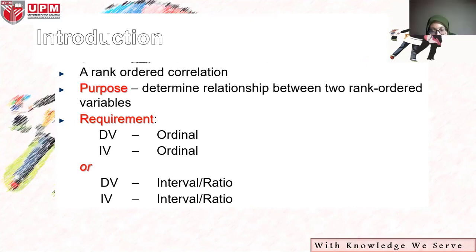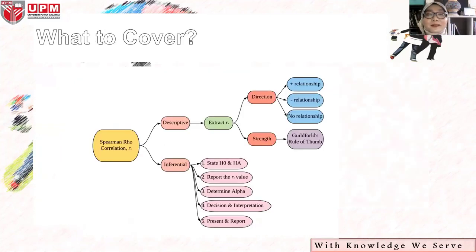If you have interval or ratio data but it does not meet the requirement of normality, you may consider a rank order correlation analysis, or Spearman correlation analysis, to look for the association between the variables. Clear?